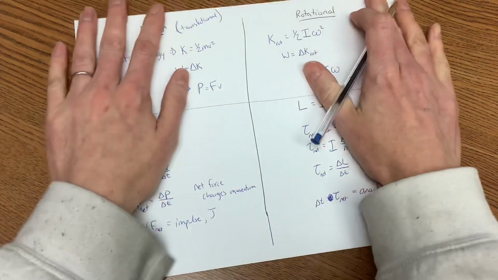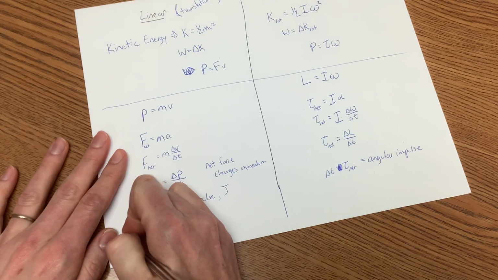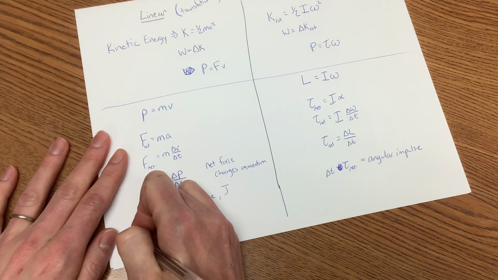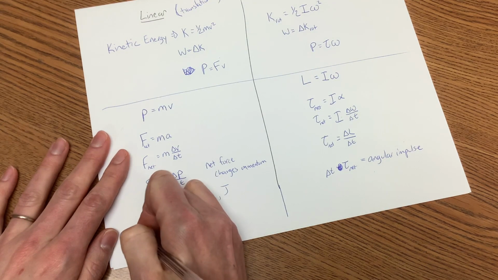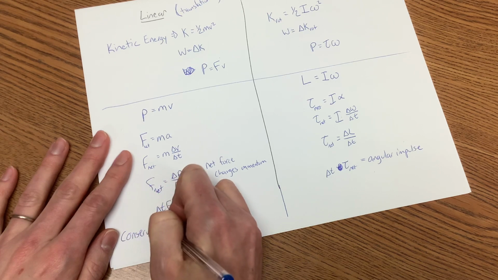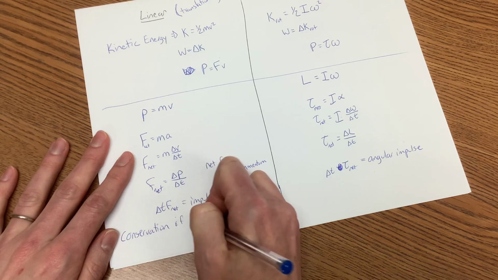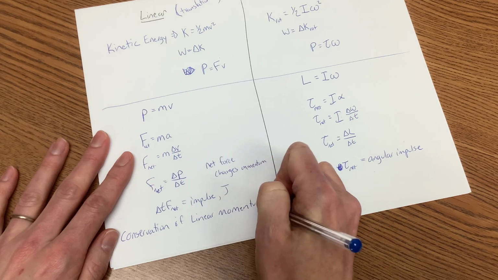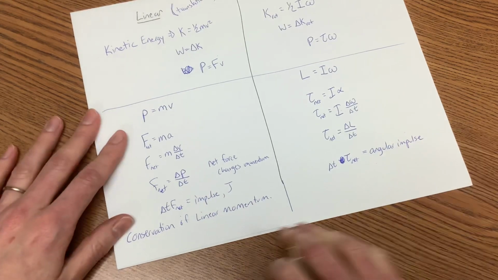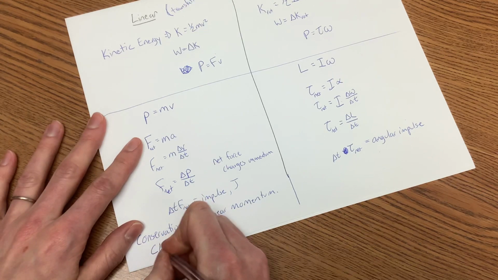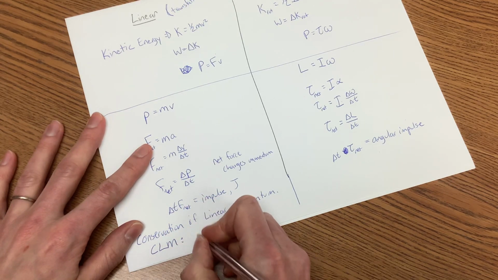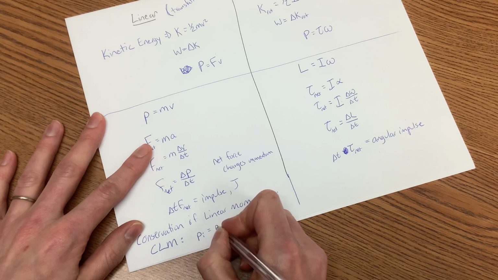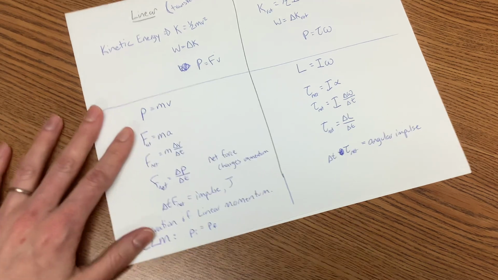But just like over here in linear momentum, we had conservation of linear momentum. We called it conservation of linear momentum on purpose. Conservation of linear momentum said that the initial momentum is equal to the final momentum, or the total remains constant.